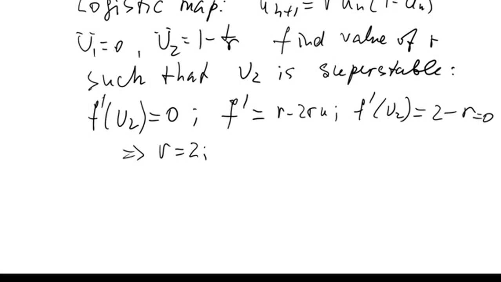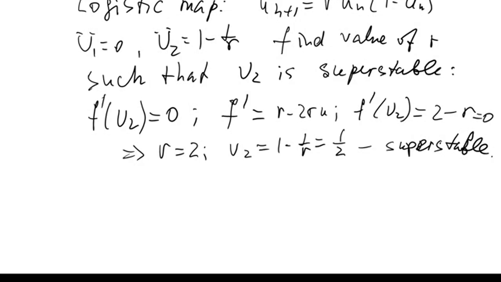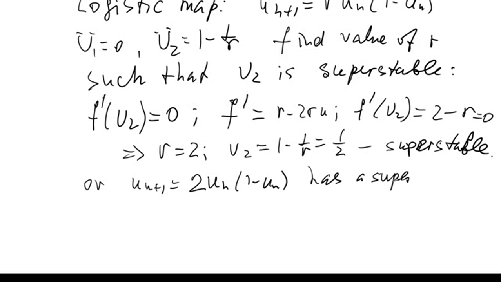So what it means, when r equals 2, u2 equals 1 minus 1 over r, which is half, and it is superstable. Or un plus 1 equals 2 times, now instead of r we put 2, un times 1 minus un has a superstable fixed point.